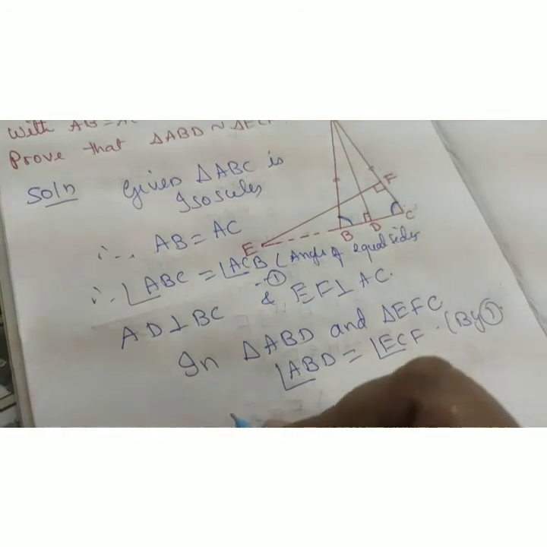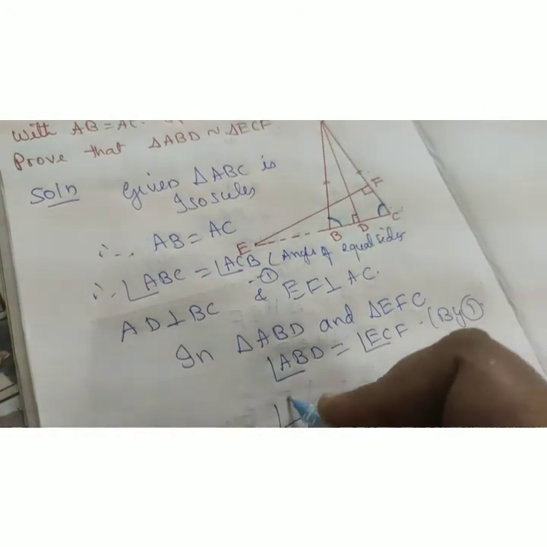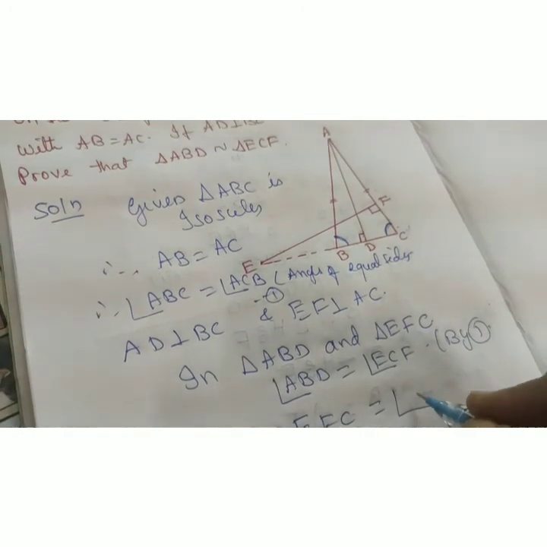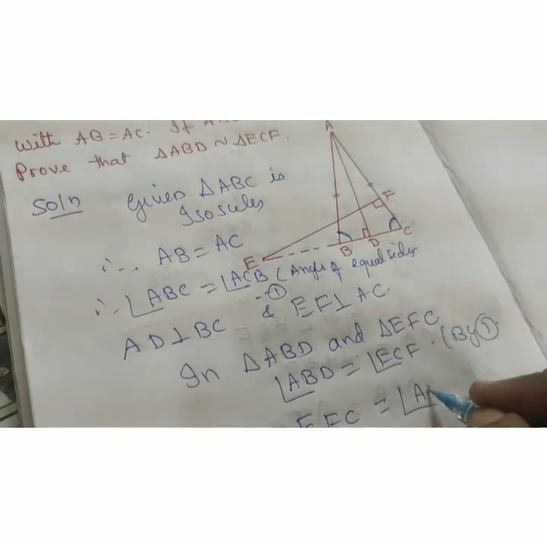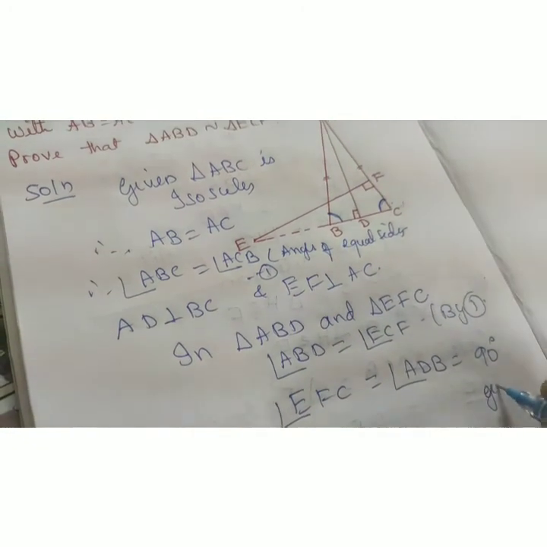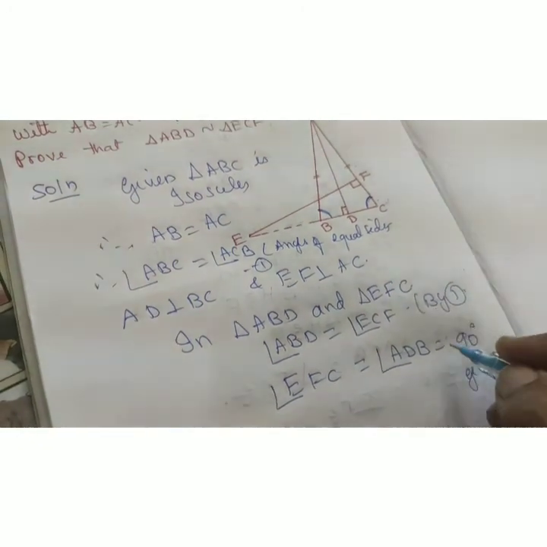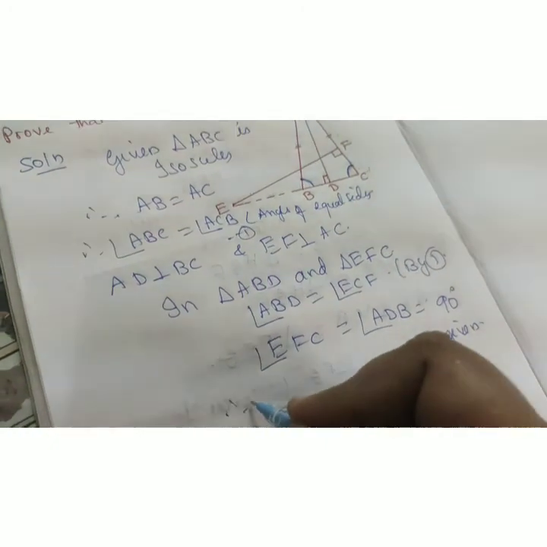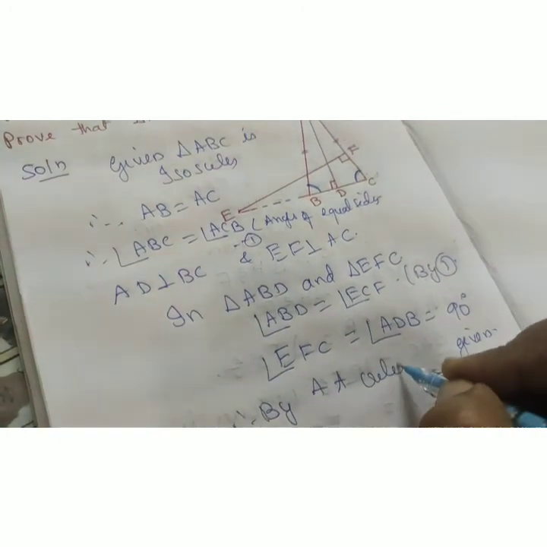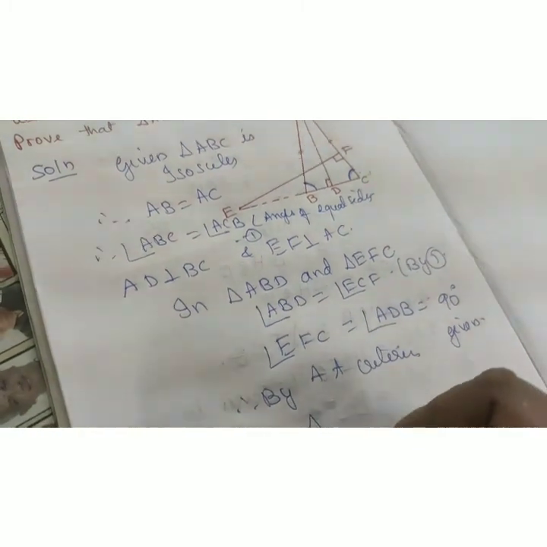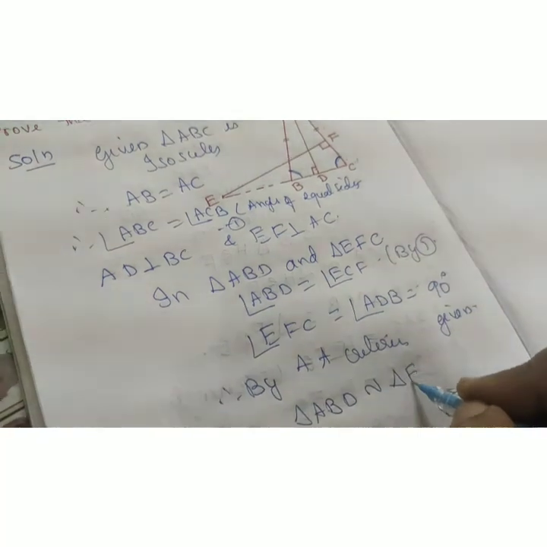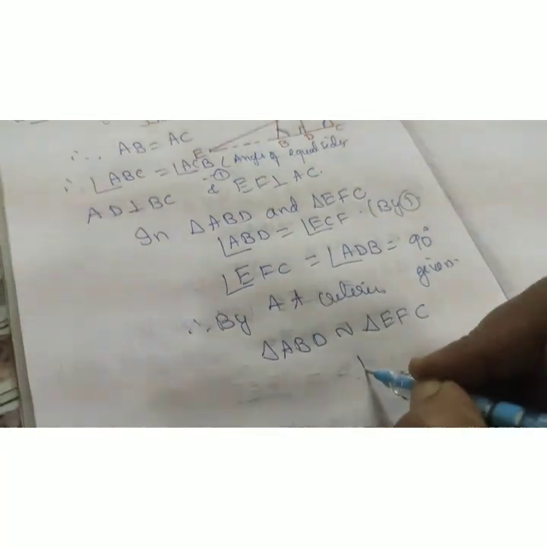And also angle EFC is equal to angle ADB, equal to 90 degrees, that is given. So we got two angles equal. Therefore by AA criterion, triangle ABD is similar to triangle EFC, hence proved.